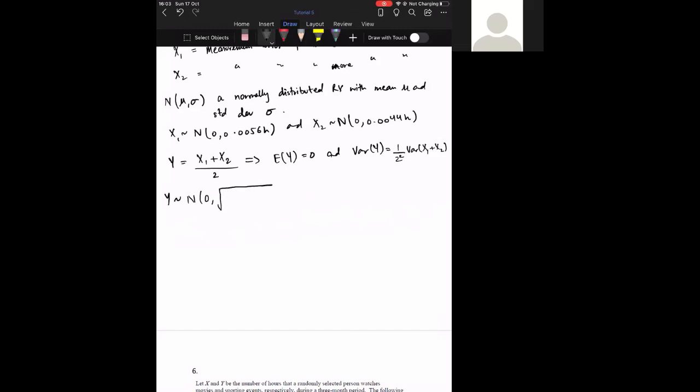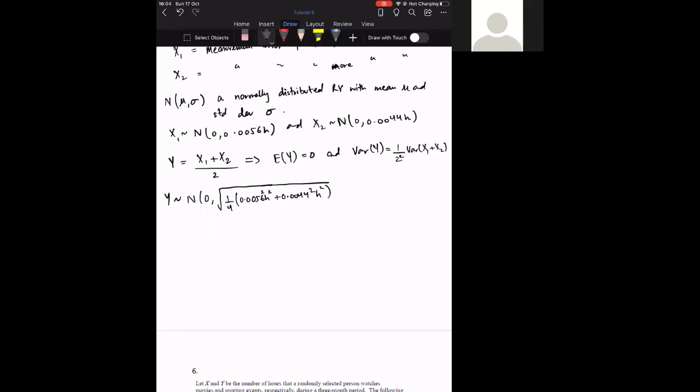So with the standard deviation, we take the square root of the variance, 1/4 times the quantity 0.0056 squared h squared plus 0.0044 squared h squared.